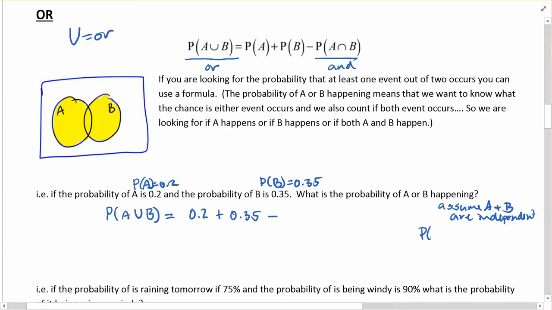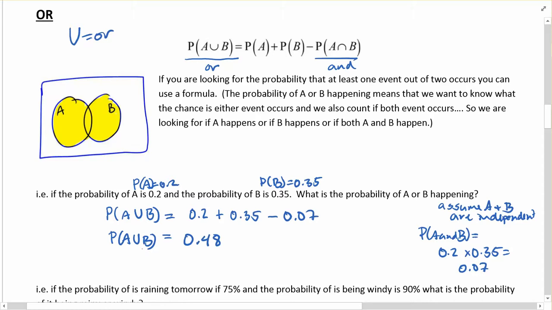So the probability of A and B is equal to 0.2 times 0.35, because when things are independent, you can just multiply those probabilities together. So we get 0.07, so we'd say minus 0.07. That's the and. Adding this up and taking off that 0.07, you get the probability of 0.48. So that's the probability of A or B happening.